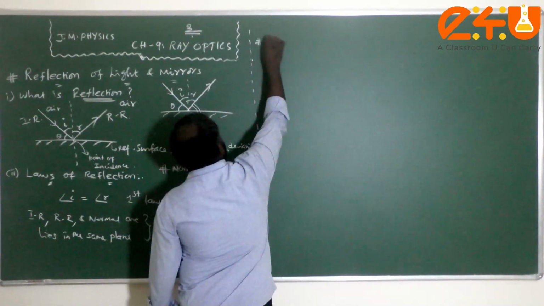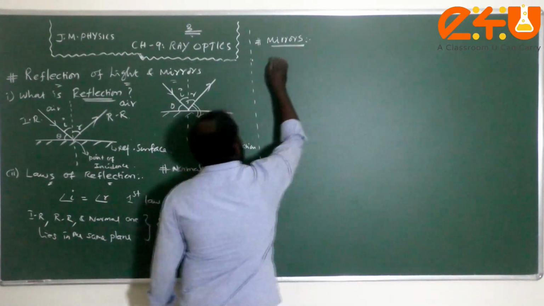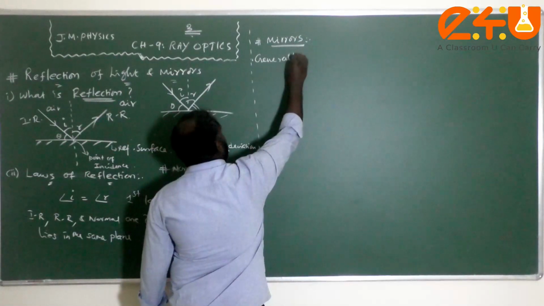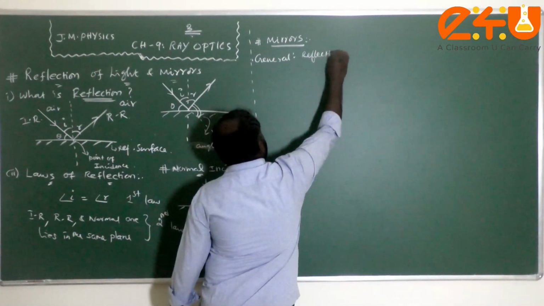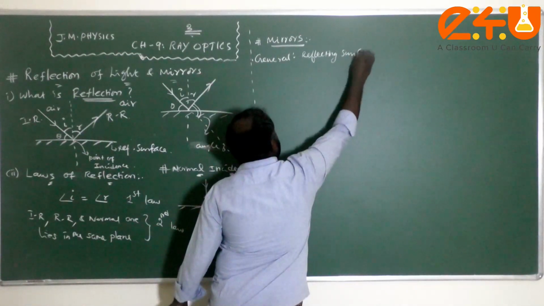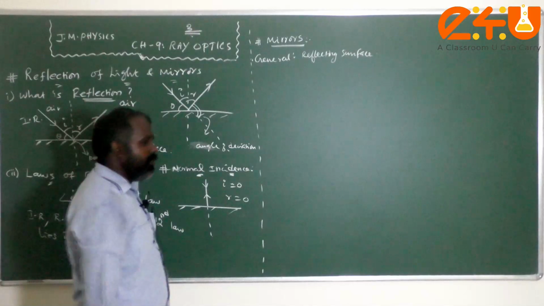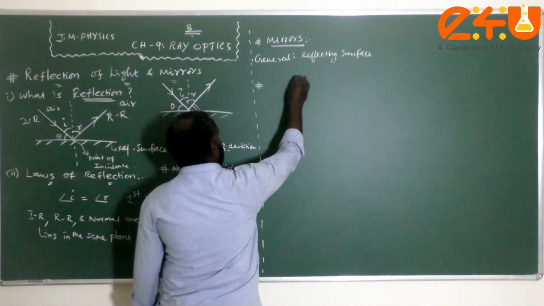So the next concept is mirrors. In a very general manner, a mirror means any reflecting surface. That is called a mirror. There are two types of mirror.